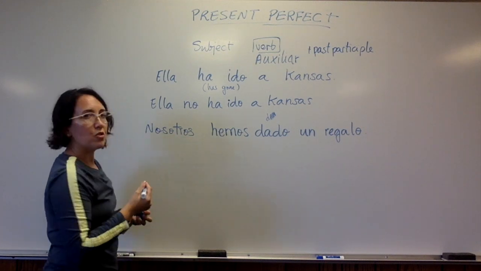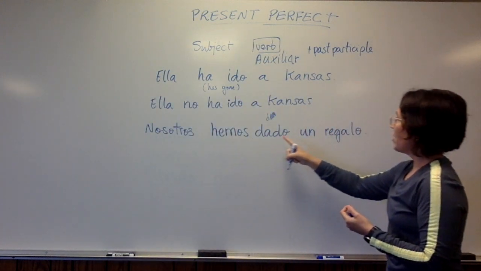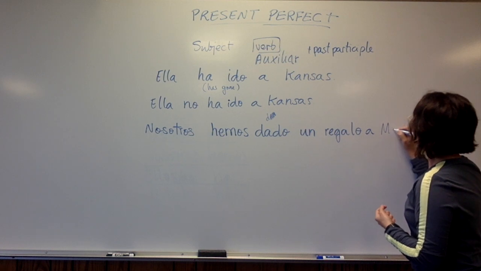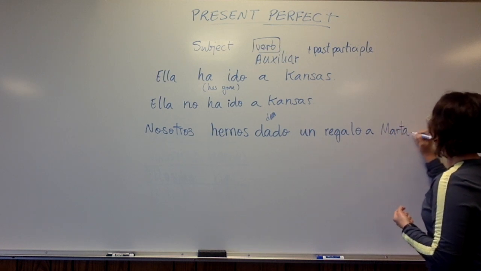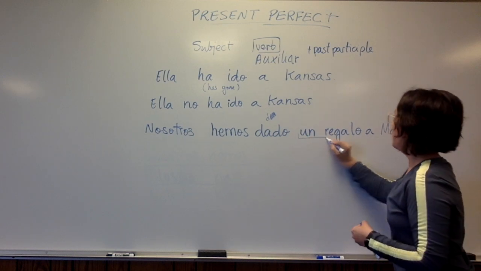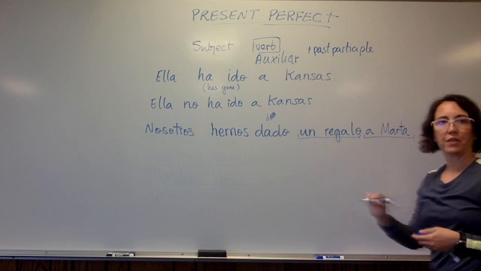What if we want to say to whom? So we could say, nosotros hemos dado un regalo a Marta. So then we have what we have given and to whom we have given.